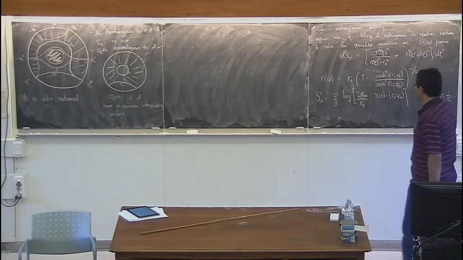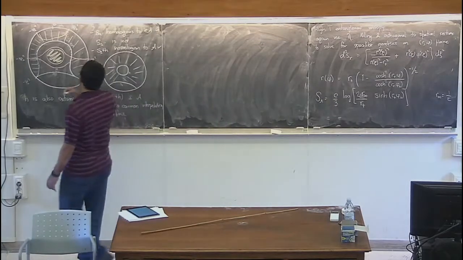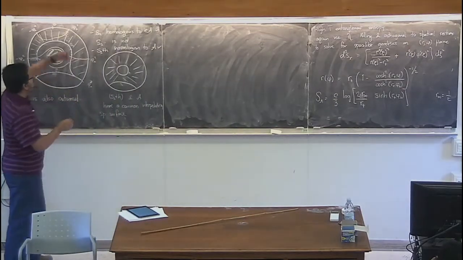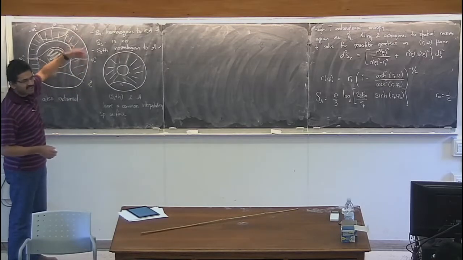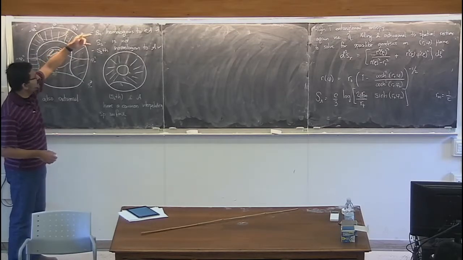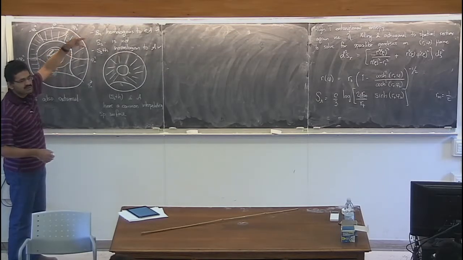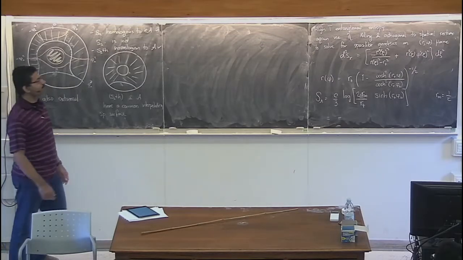So the entanglement entropy is given by not this or some average thereof or some weighted average thereof. It's really given by one of them, whichever happens to be the smallest area one.